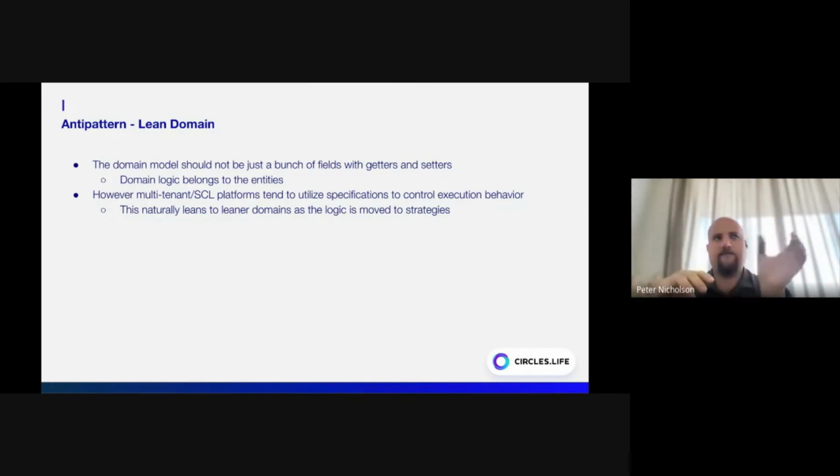And that pattern does tend to take logic from the entities and move it into strategies. So this is something to keep an eye on and realize that as these domains evolve, and as we add this configurability and flexibility to the platform, we will see a leaner domain than you might see in other platforms.